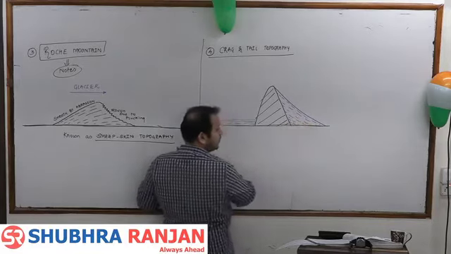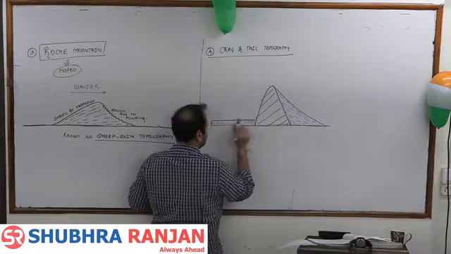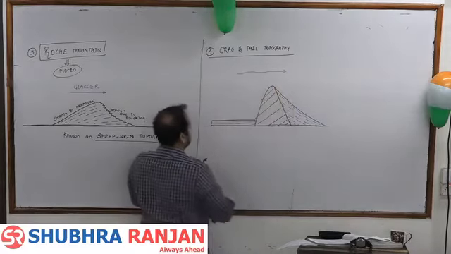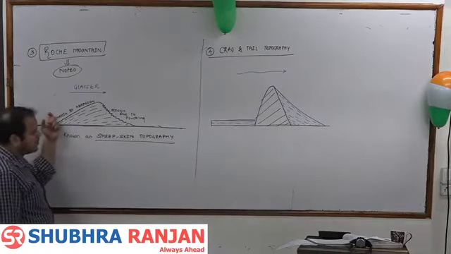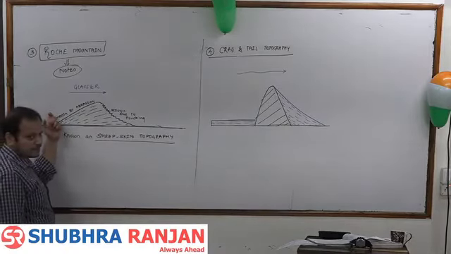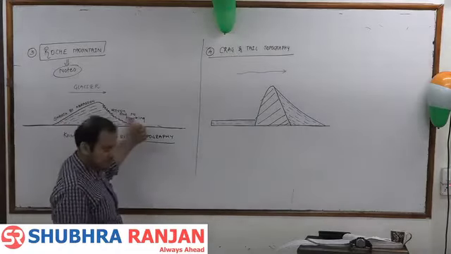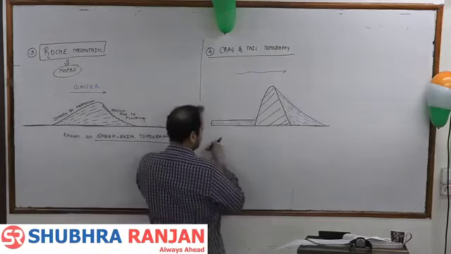This kind of an unique topography which is found in the glaciated regions, in which unlike the Roche mountain, the side which faces the glacier is steep. यहाँ पे the side which faces the glacier is smooth, and the other side is rough. This is what is known as a crag and tail topography.